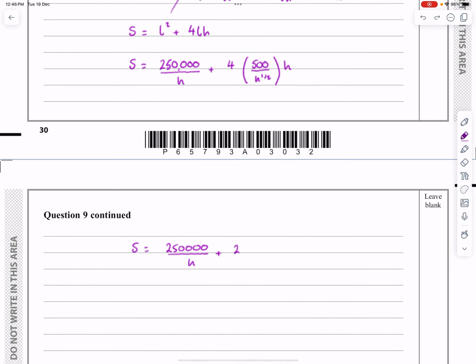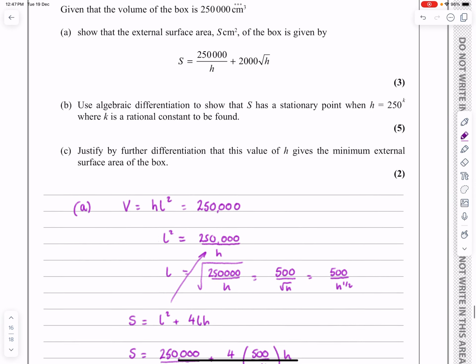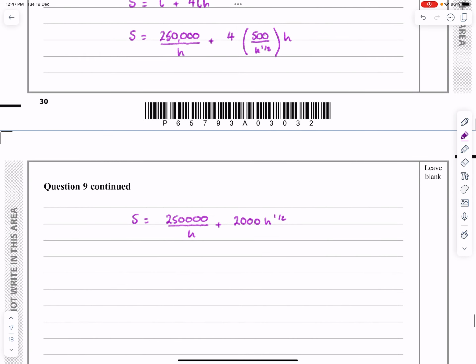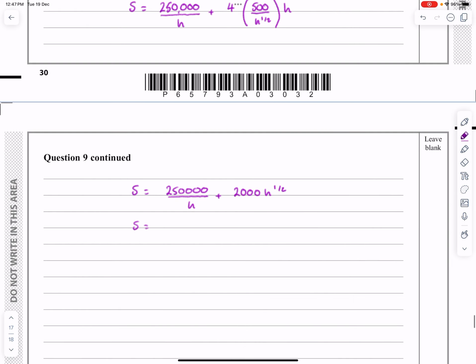So it's going to be 2,000 H to the half, and then finally, what did they have it as? Yeah, they had it as square root of H, so do it exactly like they've got it, yeah, that's fine. 250,000 over H plus 2,000 root H.